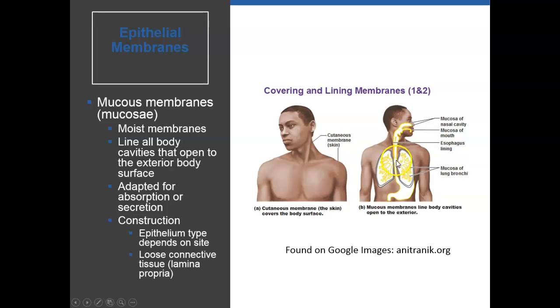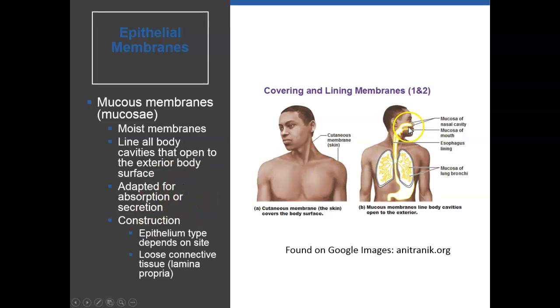Esophagus is stratified squamous epithelium as well. Then as you go into your intestines, that's a columnar epithelium. So there's a lot of different regions where the tissue type changes, but it's always going to have epithelium and then an underlying connective tissue.